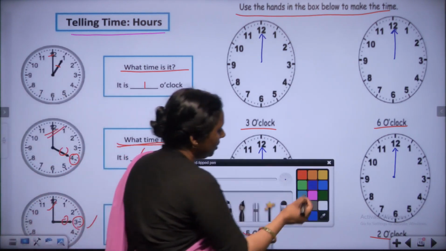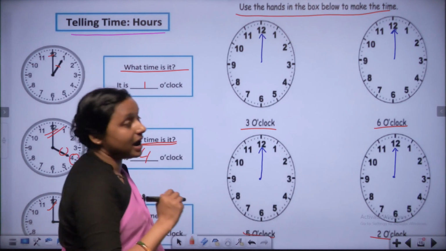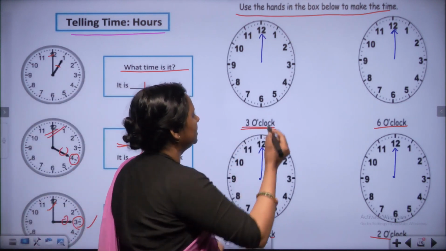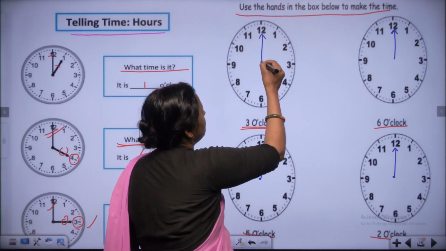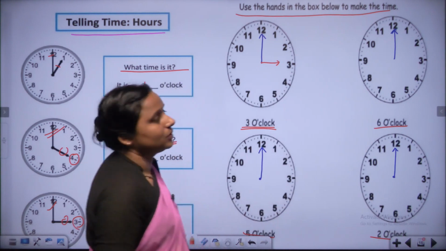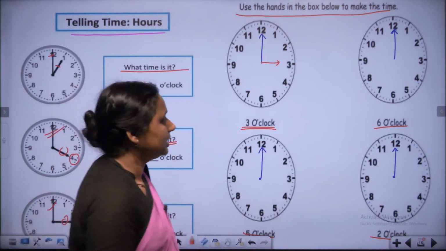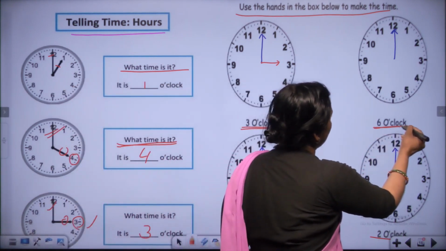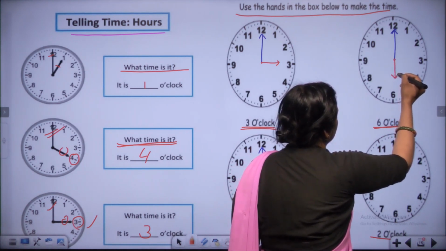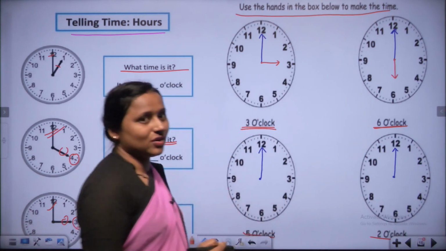Then draw hour hand with the help of red color. Okay. 3 o'clock. Okay. Hour hand is shorter or longer? Yes, shorter. 3 o'clock. Okay. All of you see? Yes. Here 6 o'clock. Okay. Yes, this one is 6 o'clock.